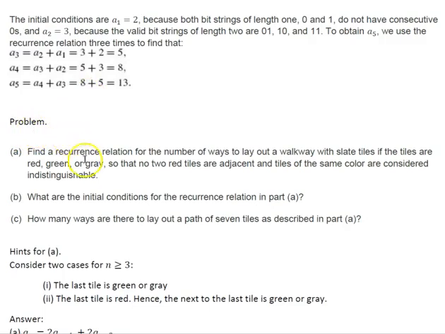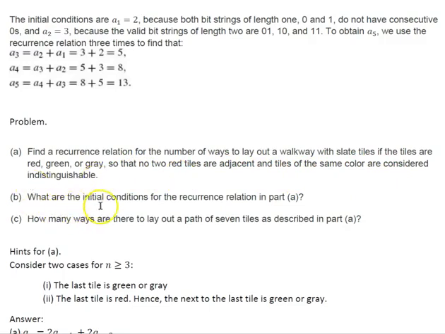The next is a problem for you to solve. A. Find the recurrence relation for the number of ways to lay out a walkway with slate tiles, if the tiles are red, green or gray, so that no two red tiles are adjacent and tiles of the same color are considered indistinguishable.